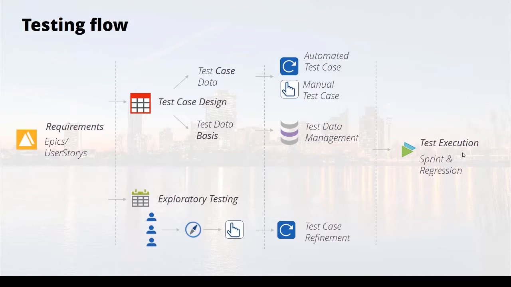But this very high-level testing flow is not telling us how to test exactly: what technology we are using, API, or are we going for the user interface, automated or manual? We will discuss this later as well.